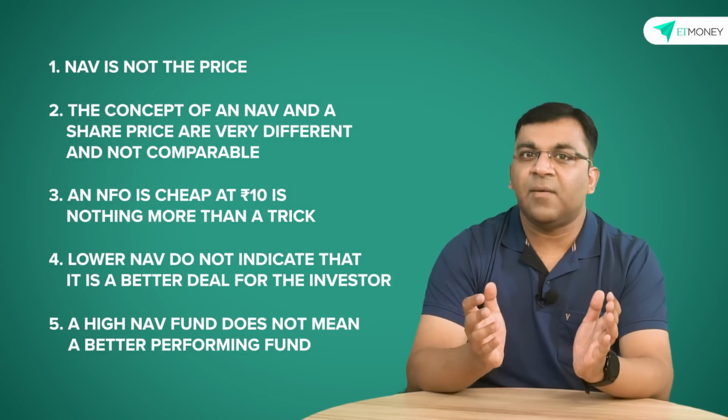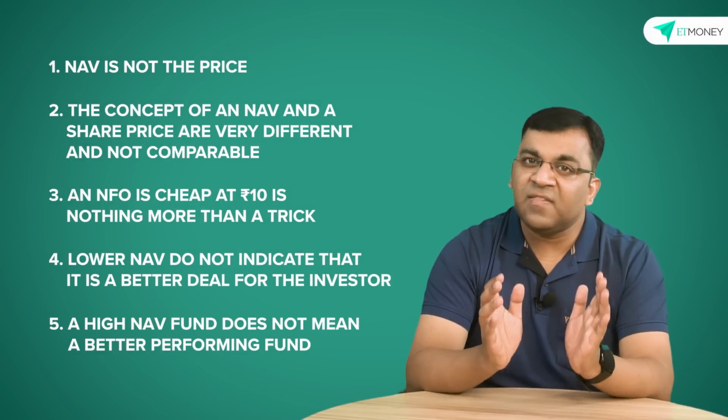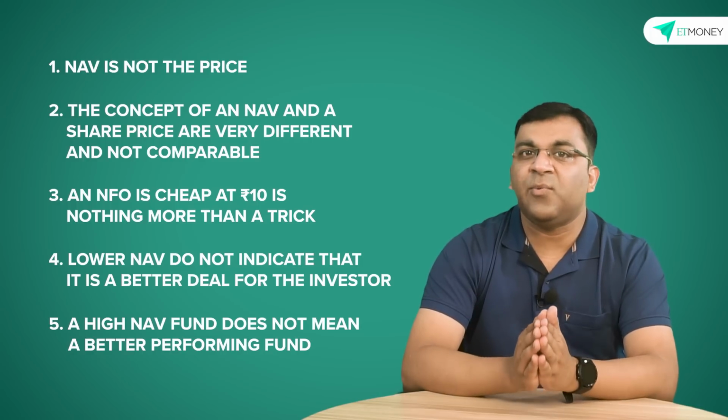All said and done, the primary purpose of the net asset value or NAV is simply to help investors evaluate a scheme's historical performance in terms of returns. It is a relative measure and in isolation does not have any noteworthy utility.